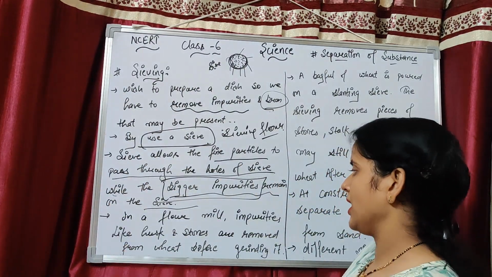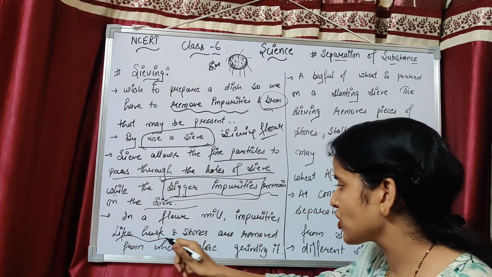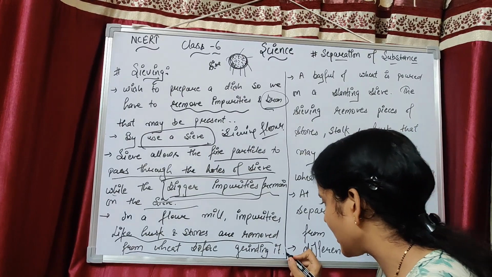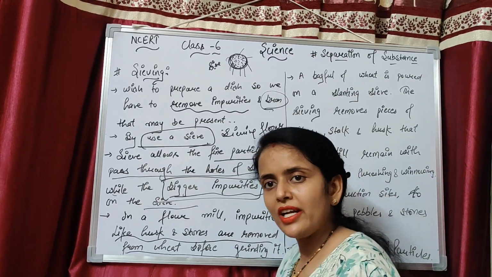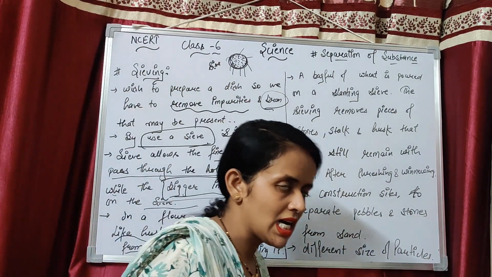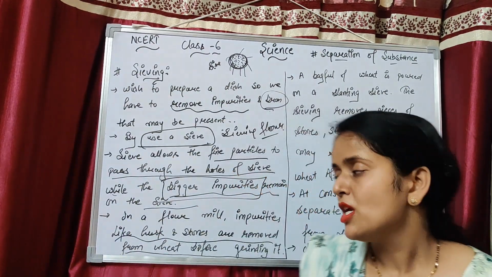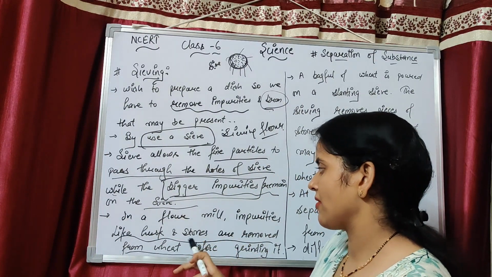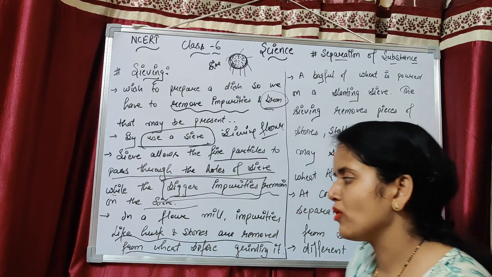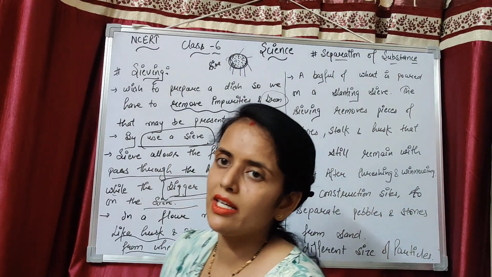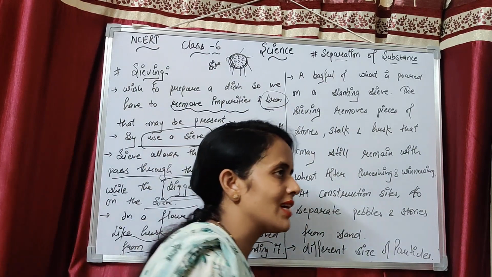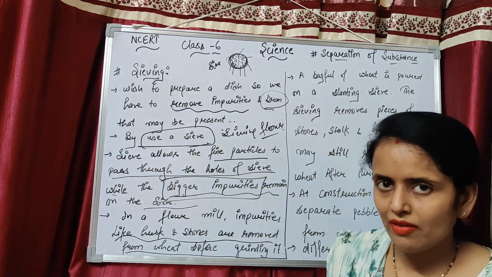In a flour mill, impurities like husk and stones are removed from wheat before grinding it. When we grind the wheat, firstly we have to clean it of any husk, stones or pebbles, so that there are no impurities in our wheat. In flour mills, impurities are removed before grinding so that our material is neat and clean, and the shopkeeper will purchase it.